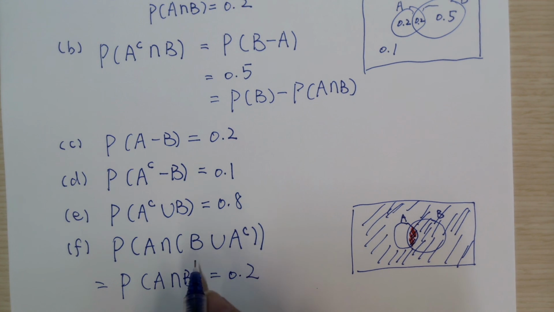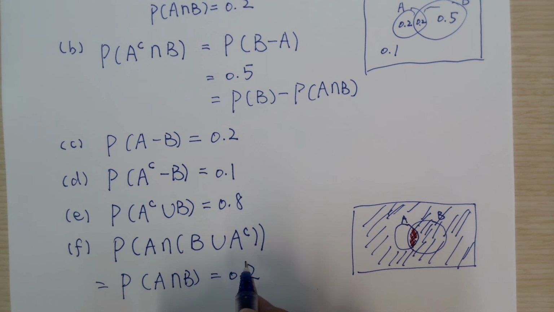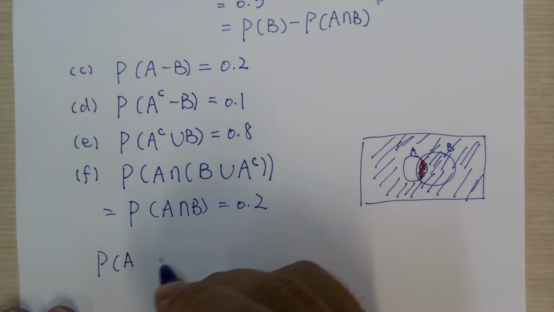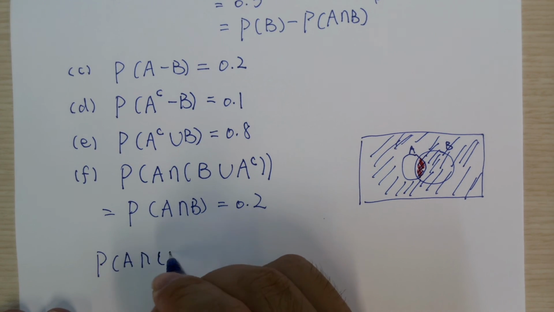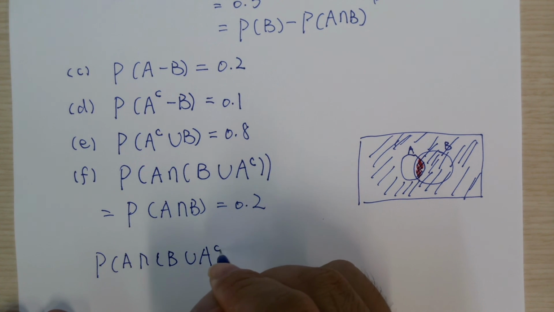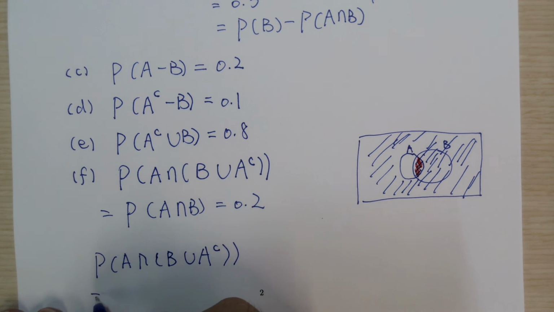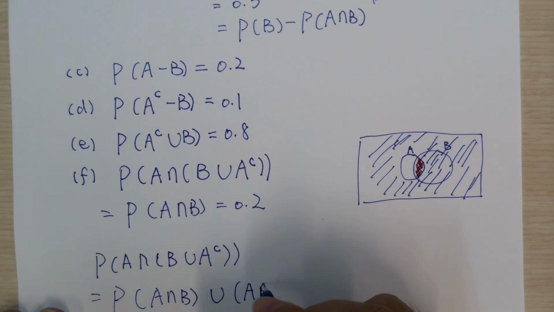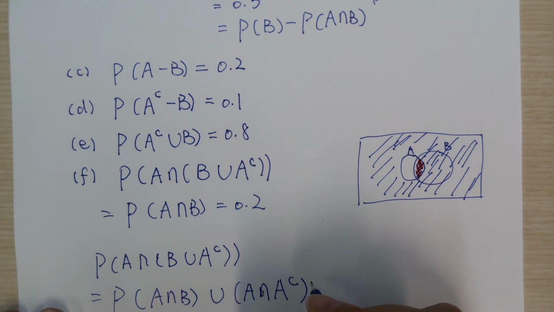Of course, there is another way to think about this: remember the distribution law. The probability of A intersect B union A complement equals P(A intersect B) union (A intersect A complement).